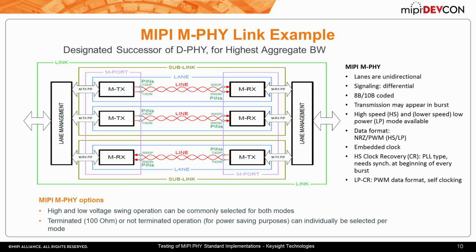There is both a high and a low voltage swing operation capability, but that's kind of essentially assigned at the time that the system comes up or designed into the system to be operating in either a low amplitude or a high amplitude mode. And it's terminated at 100 ohms differential.